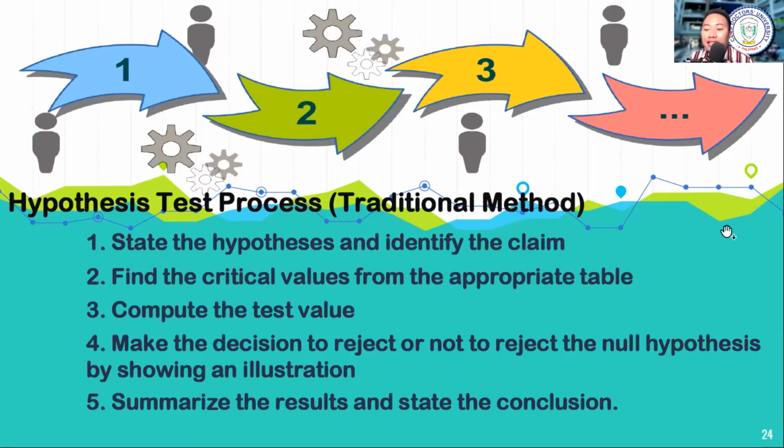Okay. Here's the scenario, guys. These 5 steps that I just showed you are consolidated information that I gathered from different books. There are a lot of books that provide steps in doing hypothesis testing.